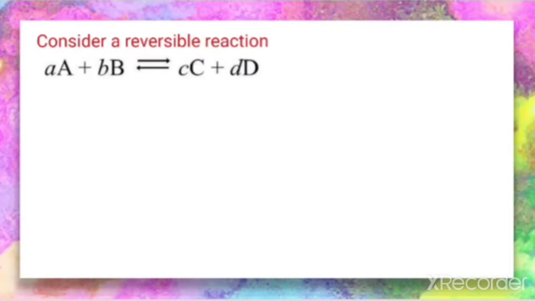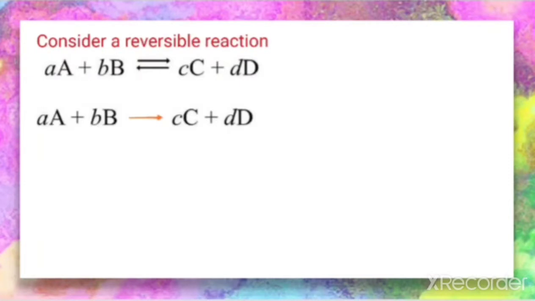So in this reaction, an equilibrium stage is attained where both the steps are taking place at the same rate. Here which one is the forward reaction? That is a A plus b B giving rise to c C plus d D, which is the forward reaction.